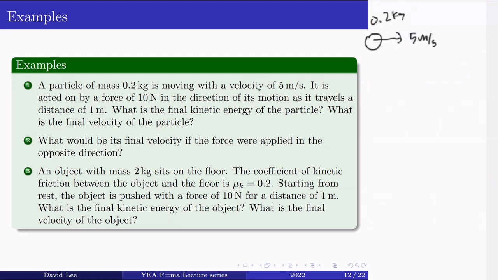All right. And in problem one, there was a force of 10 newtons this way. And that was fine. We could just use conservation of energy to find its final velocity. But now what happens when the force is 10 newtons this way?